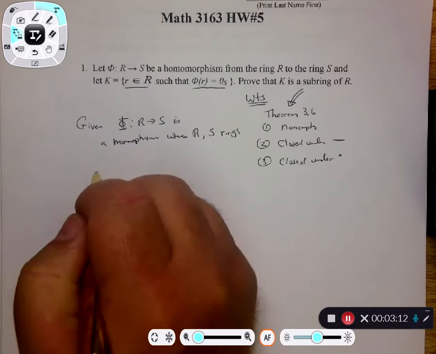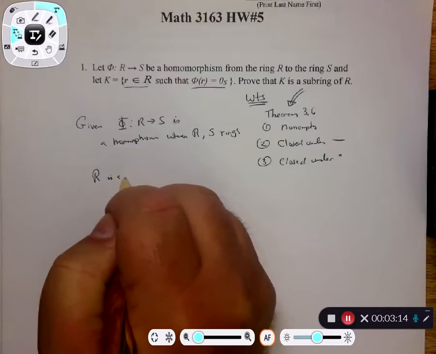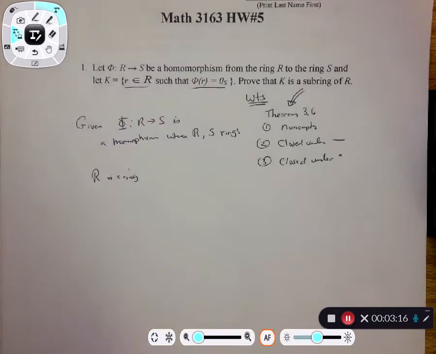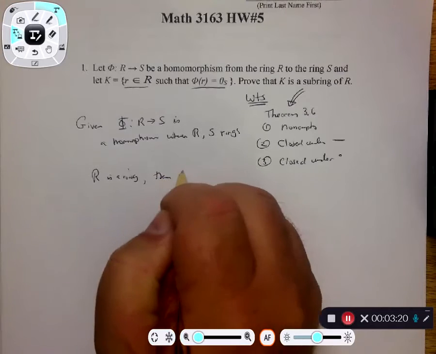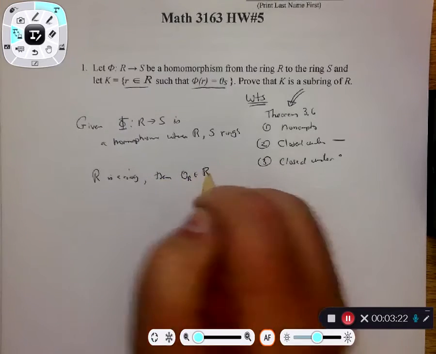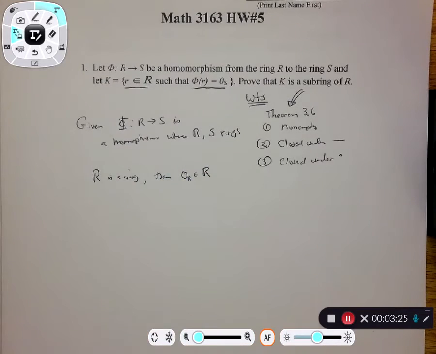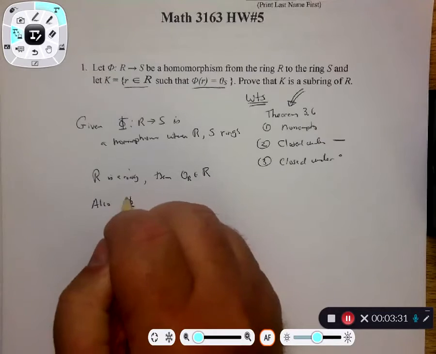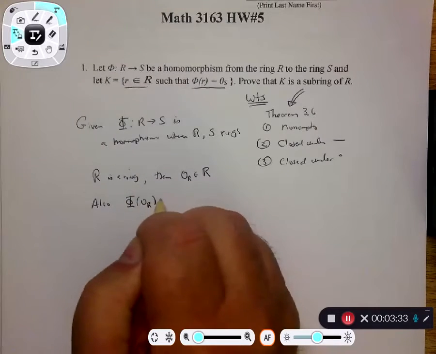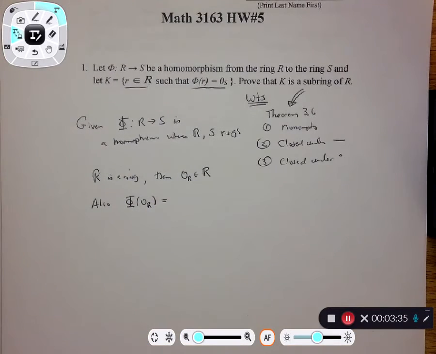Well, first off, R is a ring. Being a ring, guess what element's inside of R? Then 0R is an element of R because it's a ring. Also, phi of 0R is equal to who? Now this is a theorem you're going to need to know because you're going to quote it quite a bit.